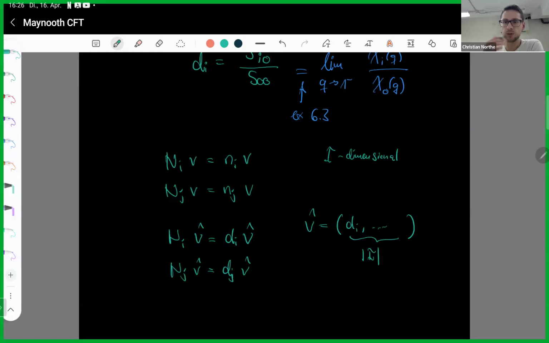So if you have 3 conformal families, this vector is going to be 3-dimensional. If you have 5 conformal families, it's going to be 5-dimensional, and so on. So that's what I meant.